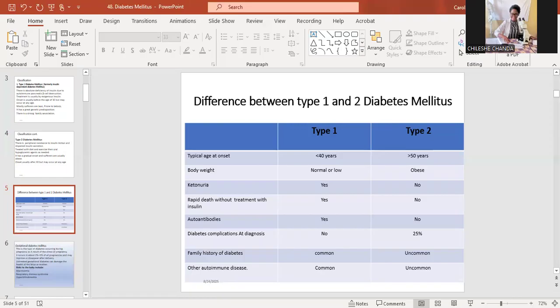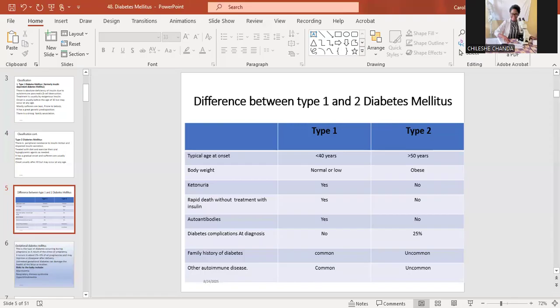And then in the diabetes complications, you find that in type 1, the patient may not develop complications, and then type 2, about 25% of the sufferers will develop complications. The family history in type 1 is common. In type 2, it can develop even because of somebody's diet, somebody's lifestyle as they grow up, which is maybe sedentary.